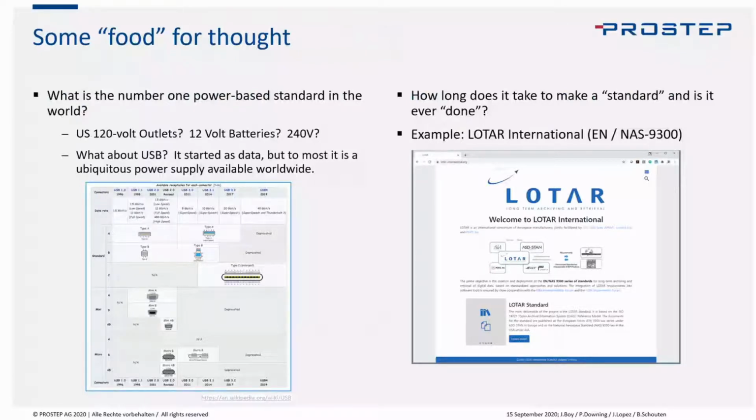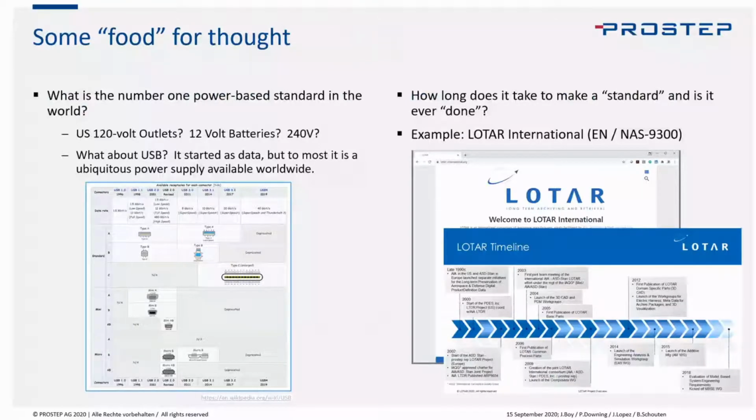And then also we talked about how long it takes to create a standard. So let's have a look at the topic of long-term archiving. This is an organization, an international project that started many years ago, actually, to develop standards for long-term archiving in the aerospace industry. So when you look at the project timeline, it actually starts in the late 90s, when the first idea arose that such a standard is needed to move away from archiving engineering drawings towards archiving real 3D engineering data with all that goes along with it.